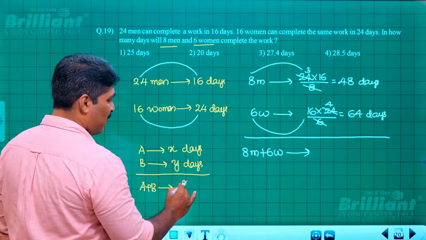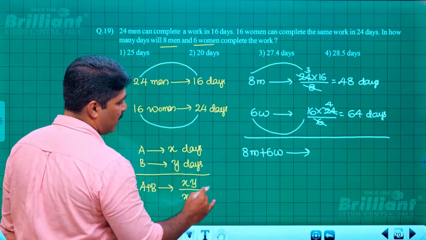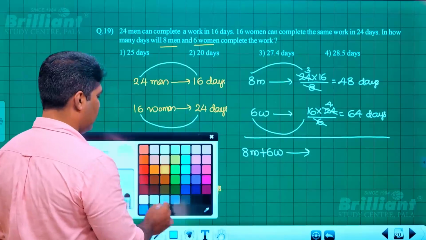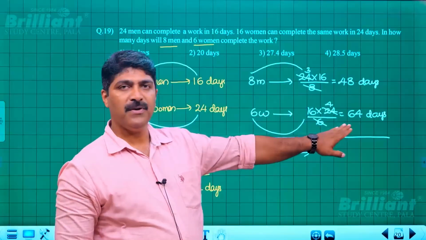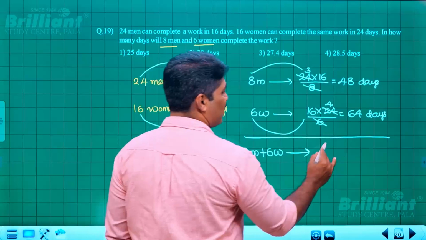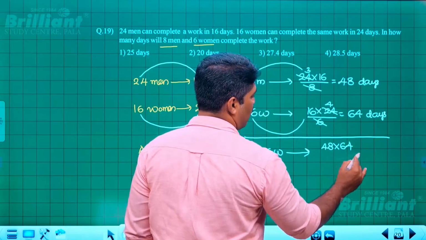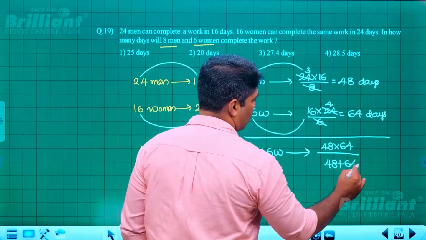You can directly apply the result, that is XY by X plus Y days. By using the same logic, here we have 48 days and 64 days separately. So this is 48 into 64 by 48 plus 64.